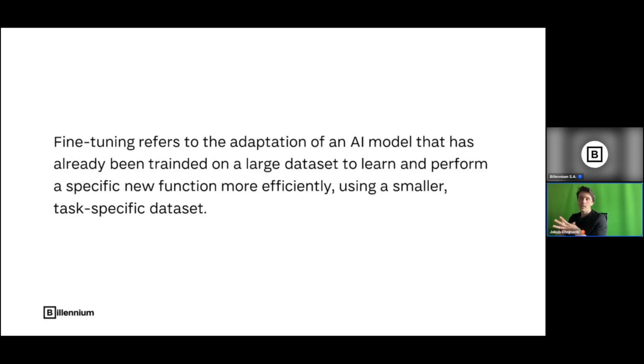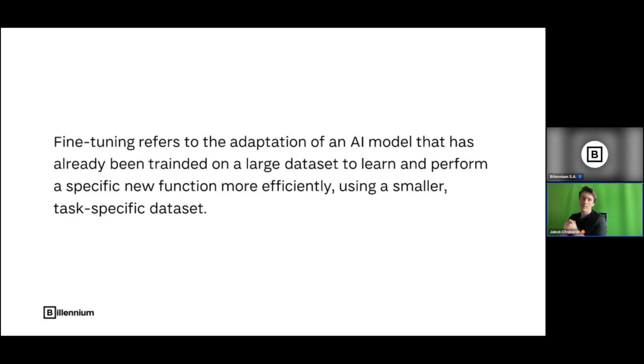Basically, fine-tuning refers to the adaptation of an AI model that has already been trained to perform large amounts of tasks such as summarization, sentiment analysis, and content generation.